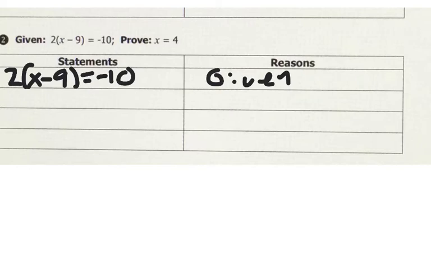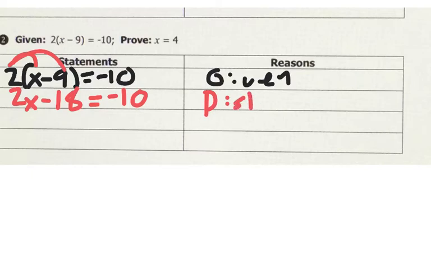Distribute. So what would it look like after we distributed? 2x minus 18 equals negative 10. And what did we do? We distributed.